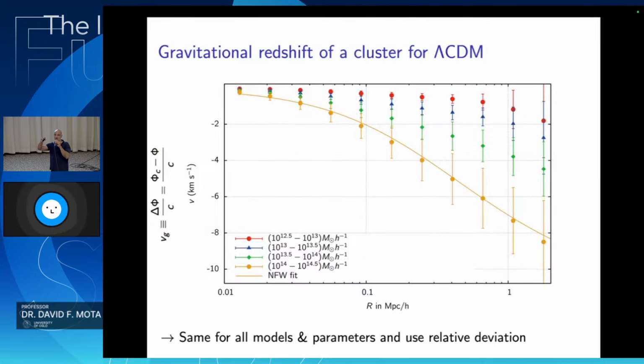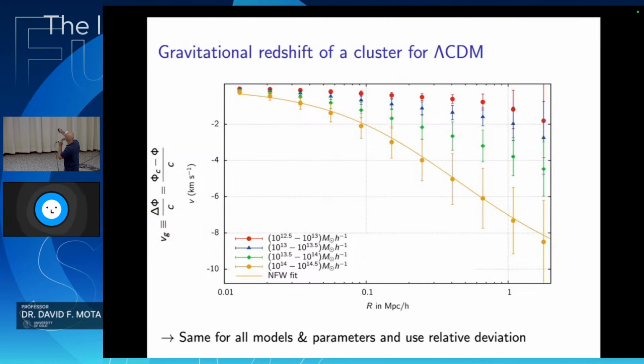So for a given mass of the cluster, you have a quite well-defined gravitational redshift curve. And that's what these error bars and lines tell you: if I have a halo of about 10 to the 14 to 10 to the 14.5 solar masses, that's a very, very big halo.